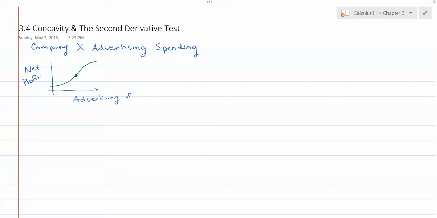So this idea of concavity is really important because it could give us that point where our slope is the steepest, or our rate of change for the amount of advertising money in relation to the net profit is the steepest. So today we are going to look at the idea of concavity.